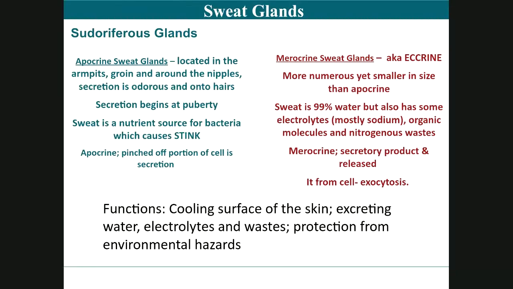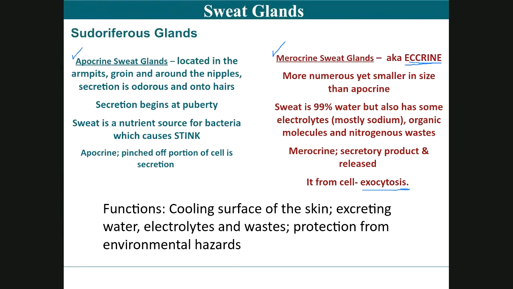Some sudoriferous glands, there's two. There's the apocrine sweat glands and the merocrine sweat glands. So the merocrine sweat glands are a form of the secretory product which is sweat, is in the form of exocytosis. So these merocrine glands are considered eccrine glands, which we've discussed in the past. They're the most numerous.